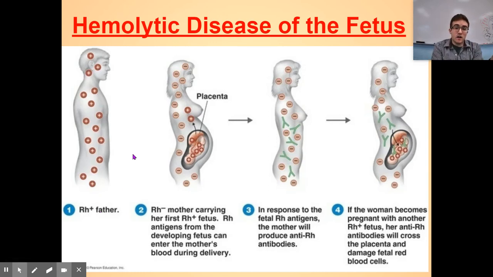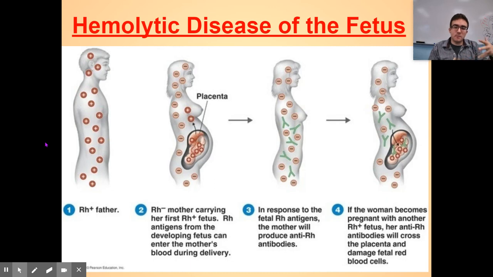If you have an Rh positive father and an Rh negative mom, if they have one kid, the kid's fine. But the fetus will have a pretty good chance of having positive blood because dad's positive. Again, not a guarantee, but a pretty good chance.